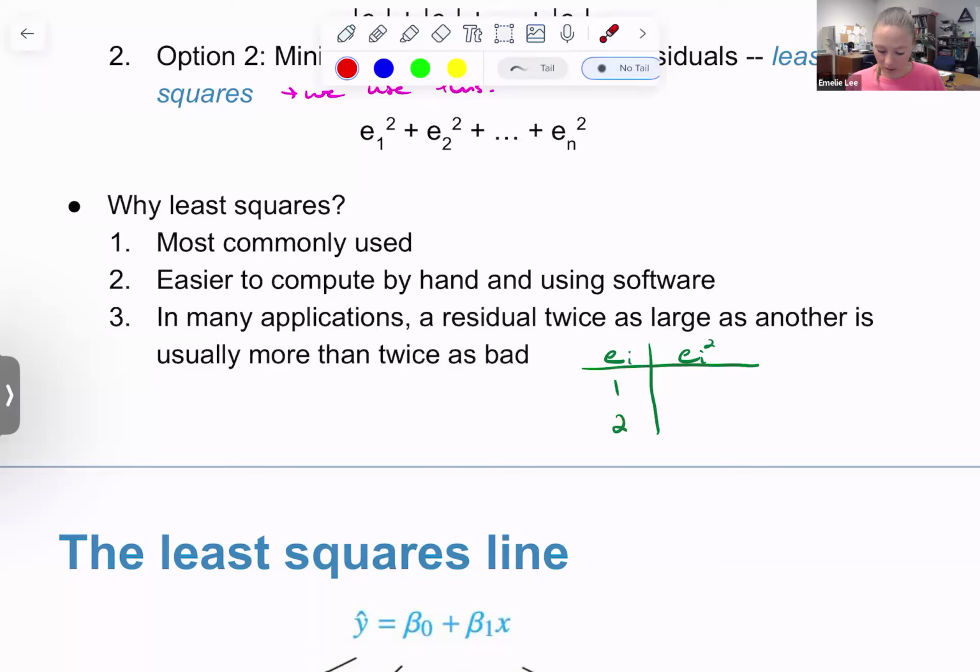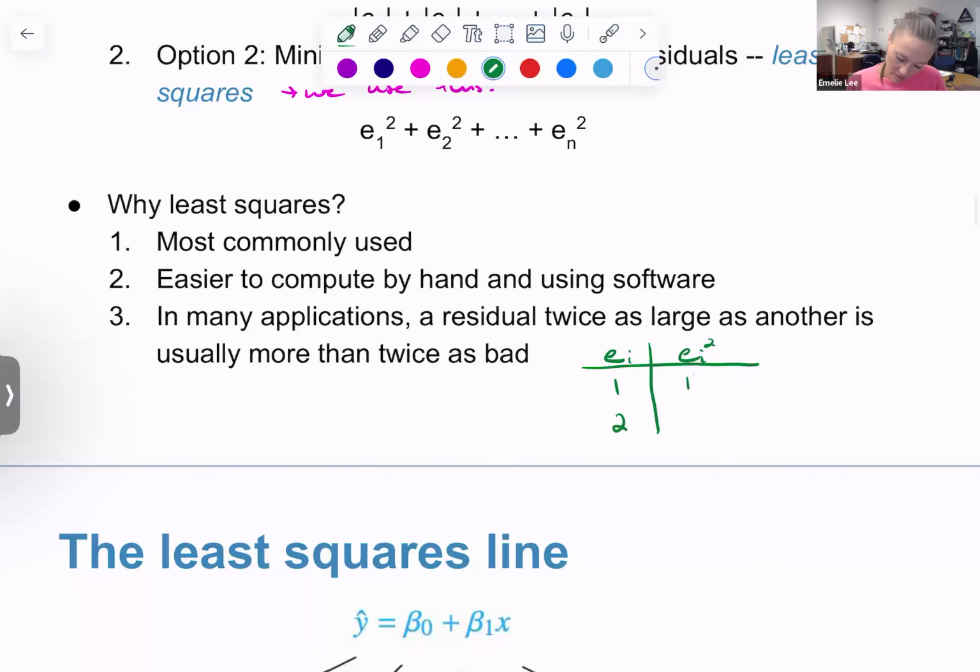What happens when I square it? 1 squared is 1, but 2 squared is 4. So notice that this was a change of 1, but this was a change of 3, moving from one to the other. And so that's what we mean here. A residual twice as large as another, so 2 is twice as large as 1, is usually more than twice as bad. So here we're saying that's three bad, if you want to think about it that way. And so that's why we use the square.